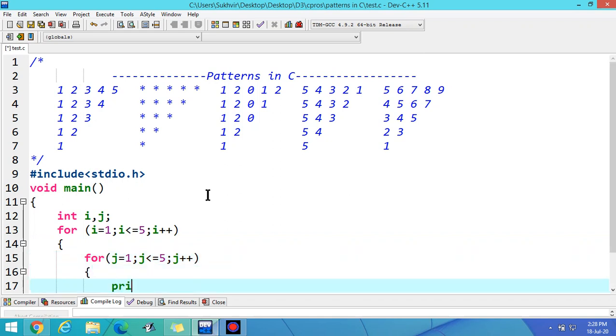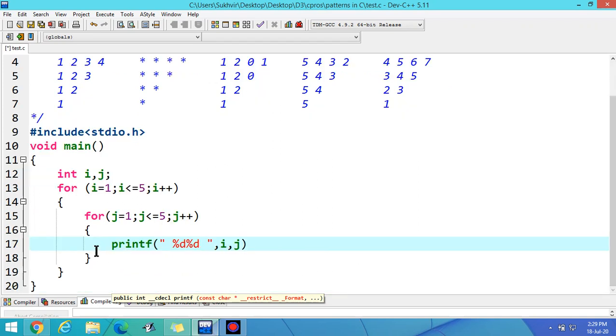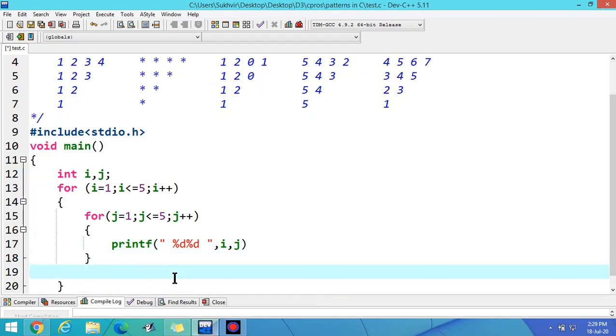Then print %d. Then suppose I print i and j both, and I have to write %d again. Here I have to write new line so that I can print the data in the next line after the second value of i.